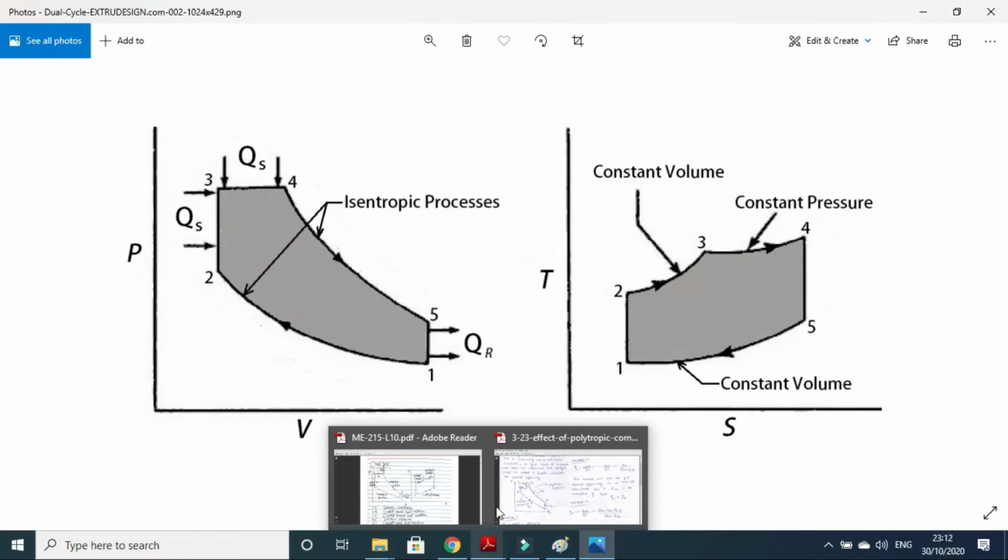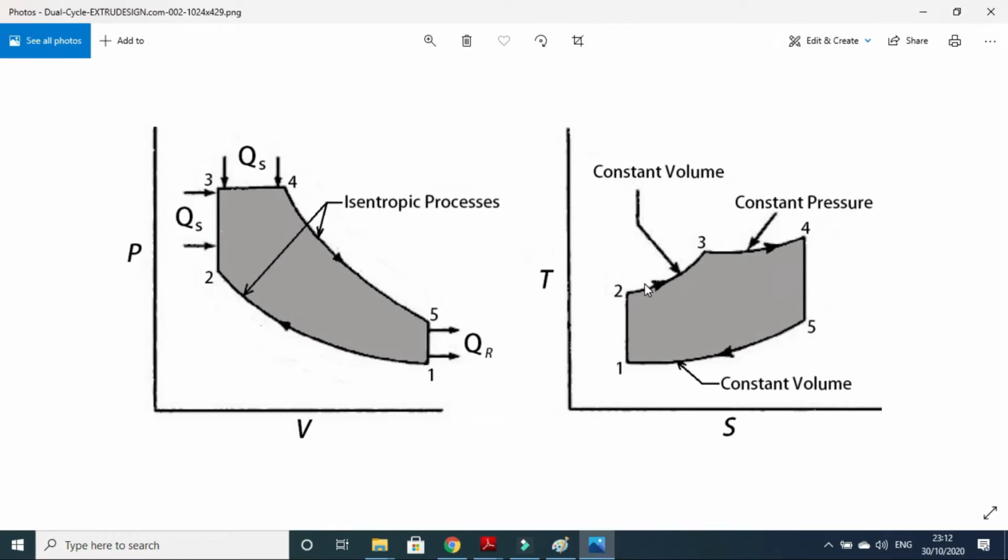So the picture is heavy. It is taking time for the opening. Okay, so you can see here that this is the PV and TS diagram for the dual cycle. So the temperature rise during the process 2 to 3 is higher than the temperature rise during the process 3 to 4, and the arrows are in the clockwise direction. This is the real diagram.